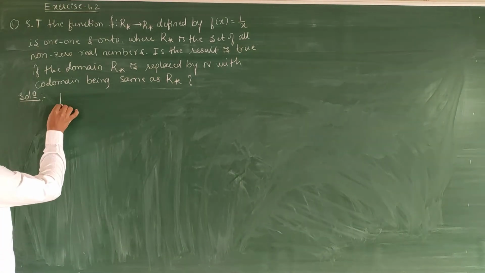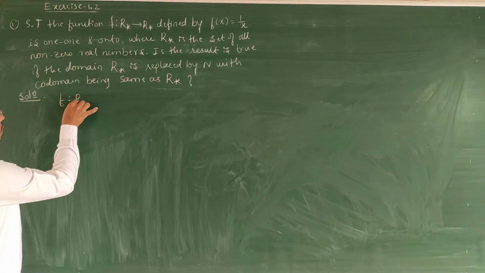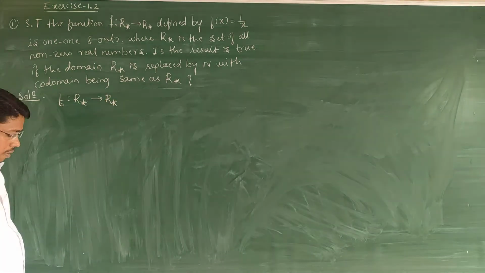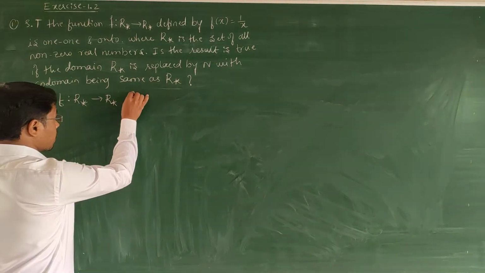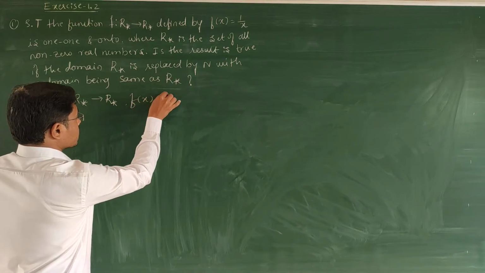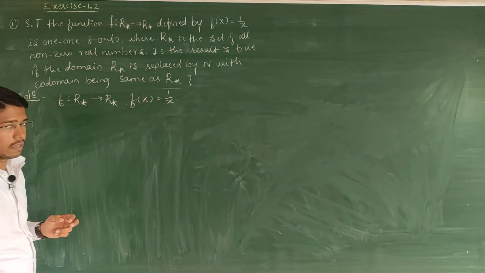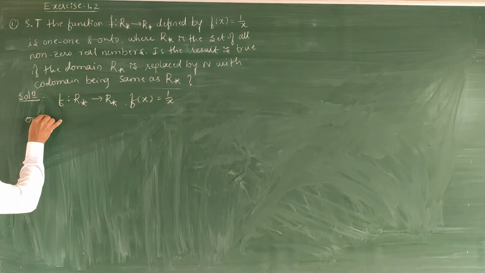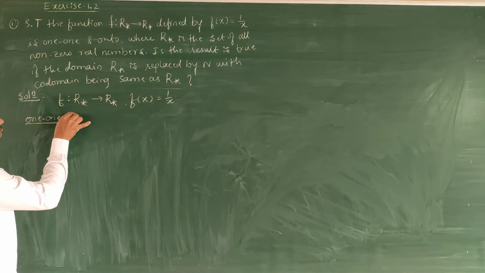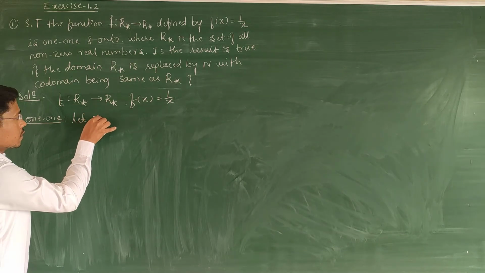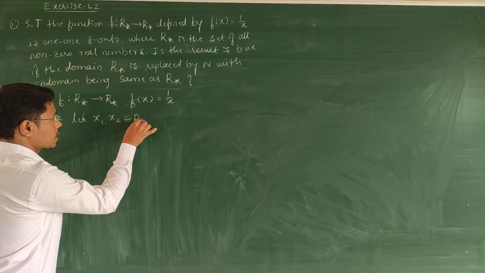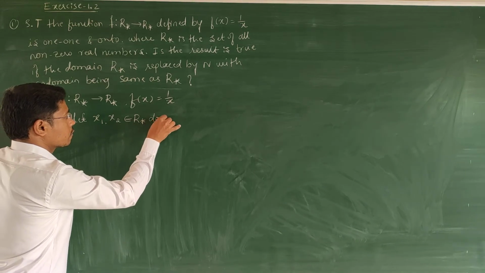Okay, so f from R star to R star defined by f of x equal to 1 by x. First, one-one. Let x1, x2 belong to the R star domain.